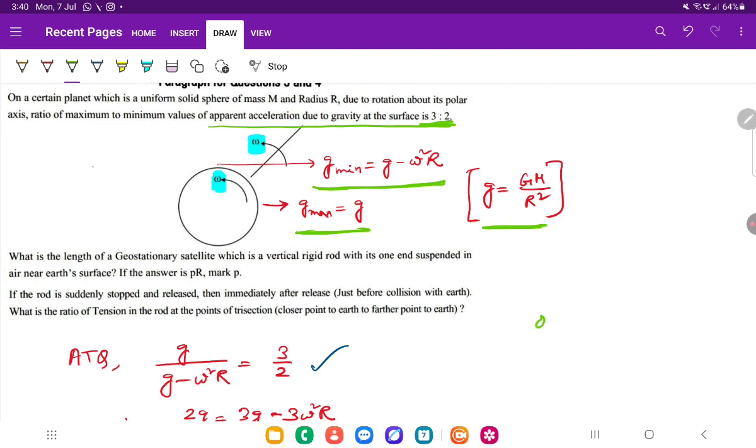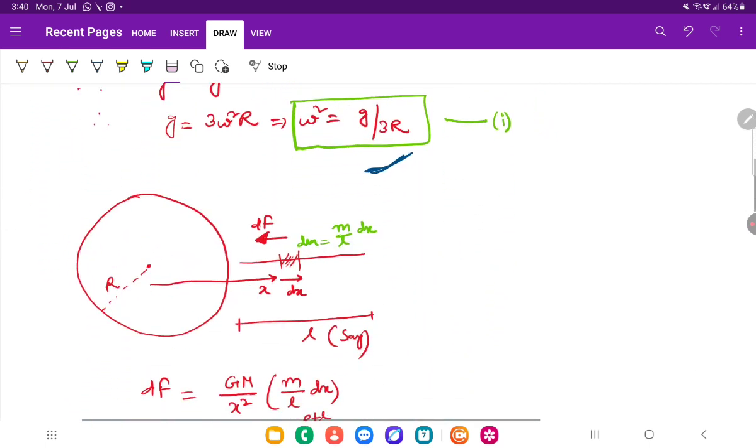Let's say this one is the planet, rotating about its own axis, and here is the satellite revolving around it. If both omegas are the same, you will always see it in the same line of vision, right? When you are here, you will see the satellite here. When your line of vision is this, you will see the satellite here, right? So that's the concept of a geostationary satellite. It is already given in the question that the two omegas will be the same. So that's one clarification.